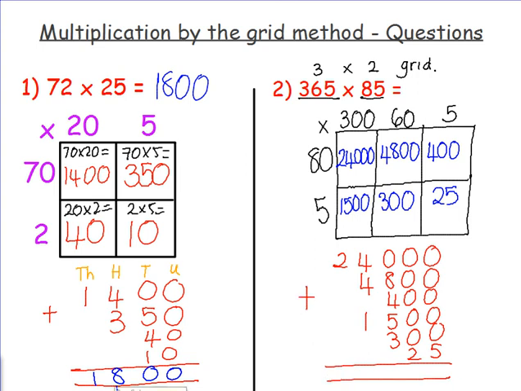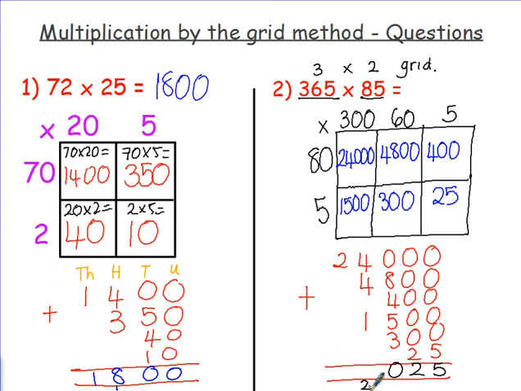Start adding. Look at my units column, my tens. Then I'm looking at my hundreds column. That adds up to 20. So 20 hundreds is 2,000. So carry 2 over into your thousands column. Then I add up my thousands column. I've got 4,000, 4,000, 1,000, 2,000.